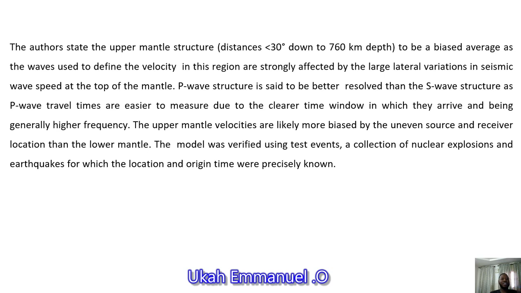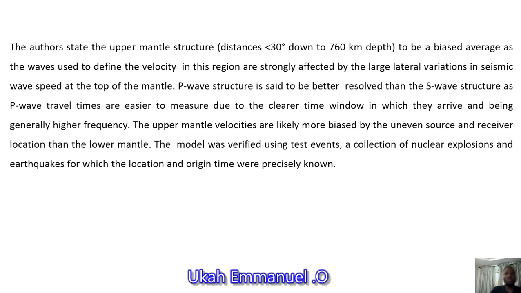So having said that, the upper mantle velocities are likely a bit biased. Like I mentioned, some body waves are inherently biased, so upper mantle velocities are likely biased by uneven source and receiver location more than the lower mantle. We should also note that the model was verified using test events, a collection of nuclear explosions and earthquakes, for which the location and the origin time were precisely known.